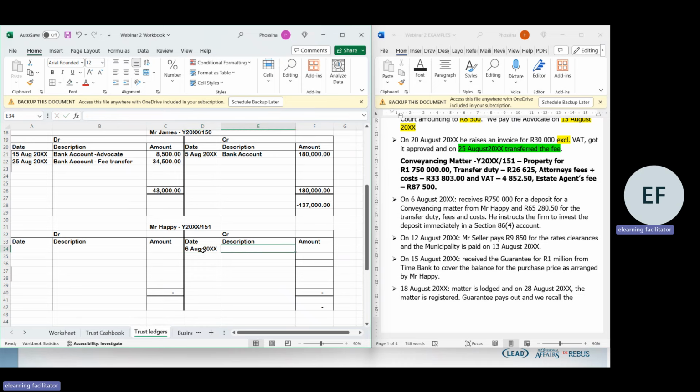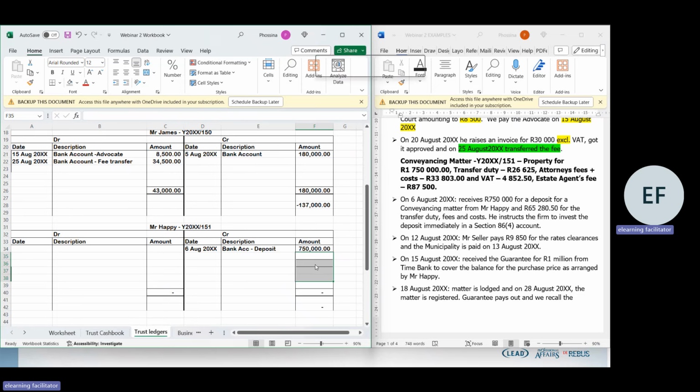And what do we call it? It's bank account. So okay, in our cash book, and in this case, it is the deposit. And how much is the deposit? 750,000. Okay.